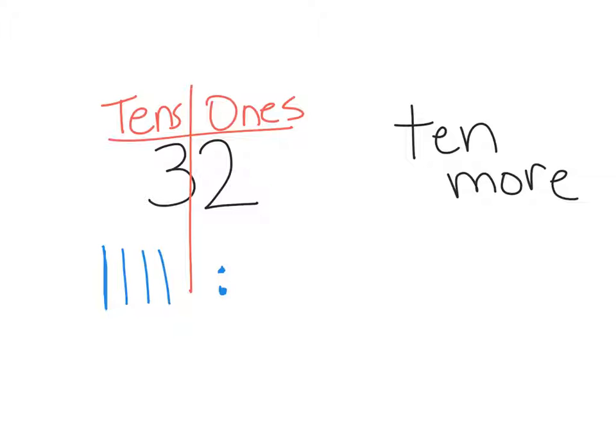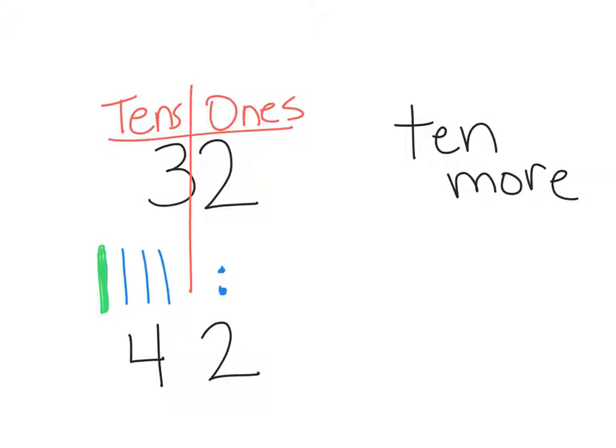And just to make this a little bit easier to see what I've added, I'm going to go ahead and put a little green one there so you can see that that was an added rod. Now, the number is no longer 32. We've added a 10. We've added a rod. What is my new number? 42. There are 4 tens and 2 ones. The number is 42.